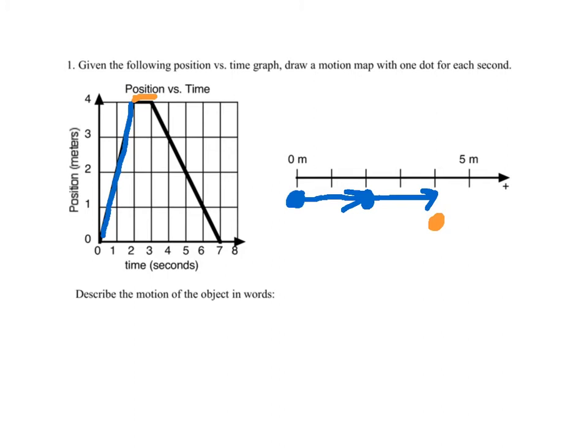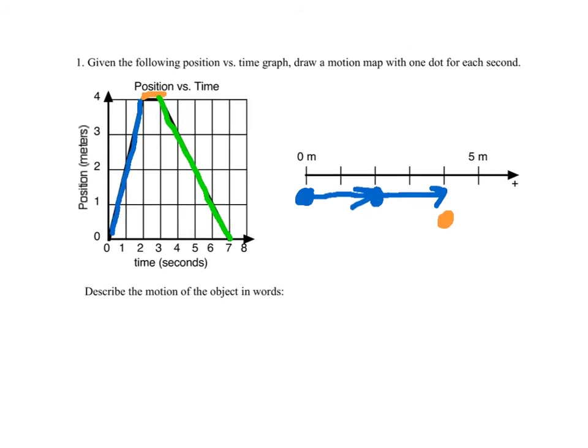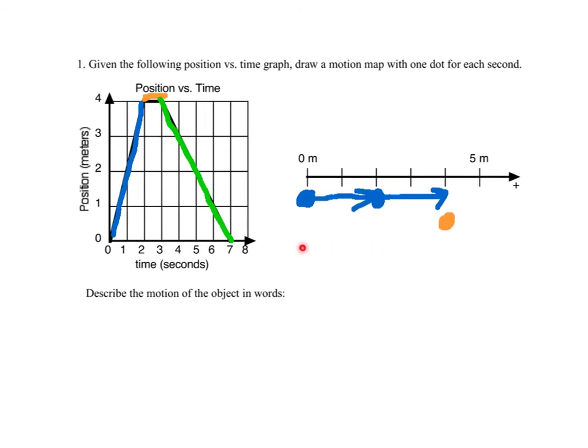Then I'm going to move back down my graph in this direction, which I'm going to do in green. And notice that is going in the opposite direction, which is going to be going to the left in this direction. I would represent that again with a dot underneath. So notice it's going underneath.